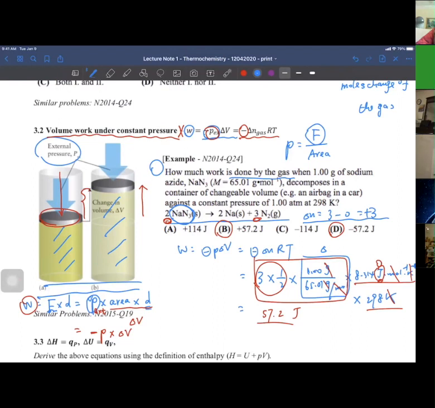This is a little bit of an advanced question. It's from the national exam. It's both a combination of conceptual understanding and also calculation. So pay attention, the delta n here should be the increase of the gas molecules.